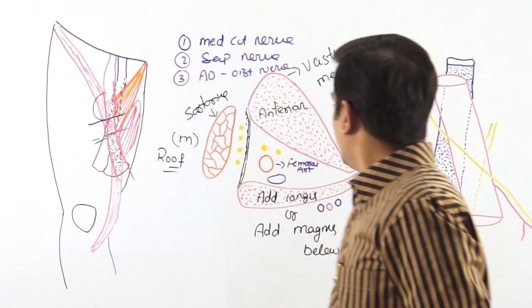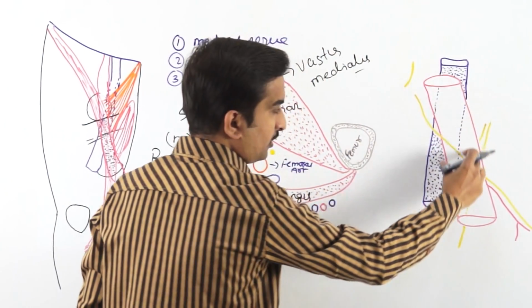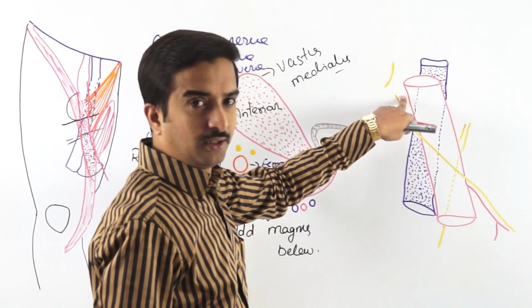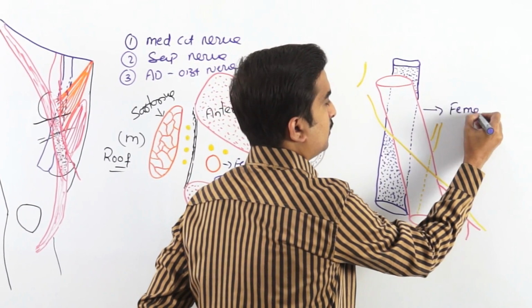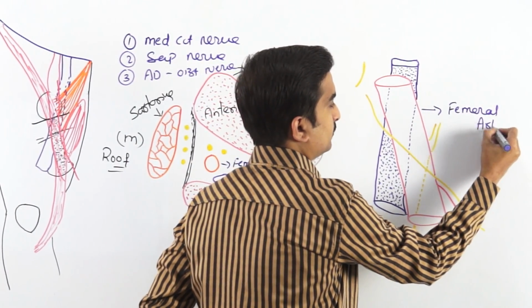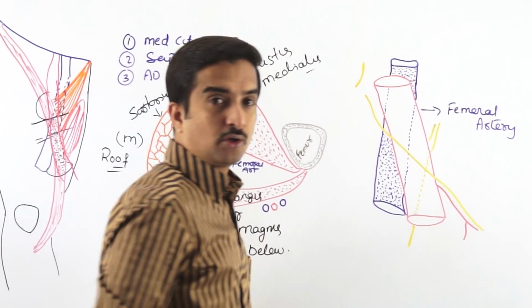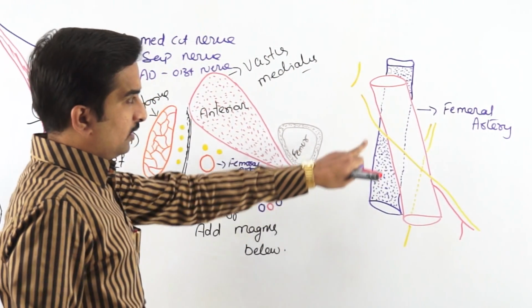Okay. So now let us see the femoral artery here. This is the femoral artery. Here I am talking about the relations of the femoral artery.